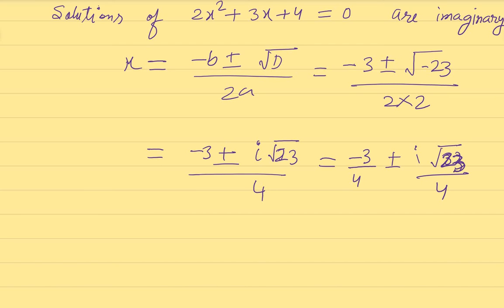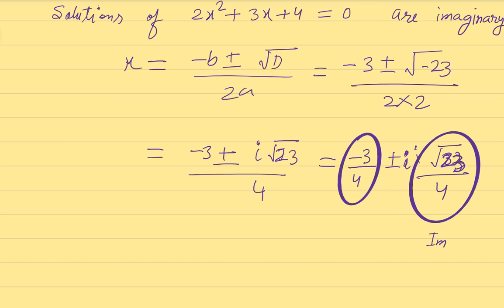We have two parts here: one is known as the real part and one is known as the imaginary part. So x equals minus 3 over 4 plus minus i square root of 23 divided by 4.